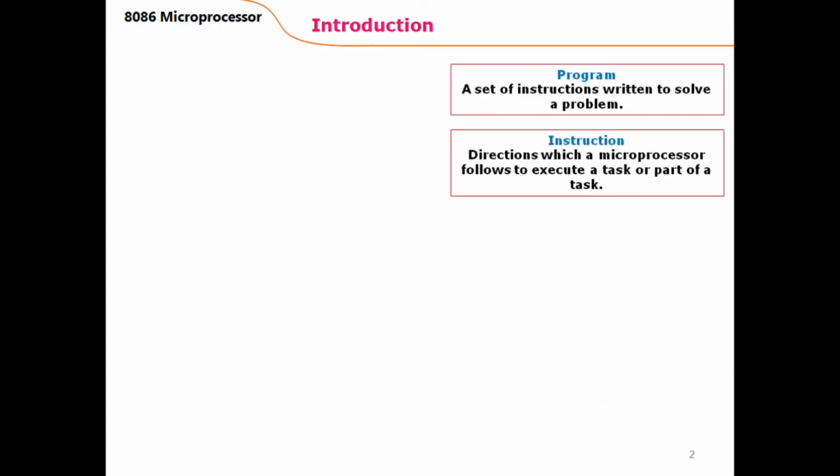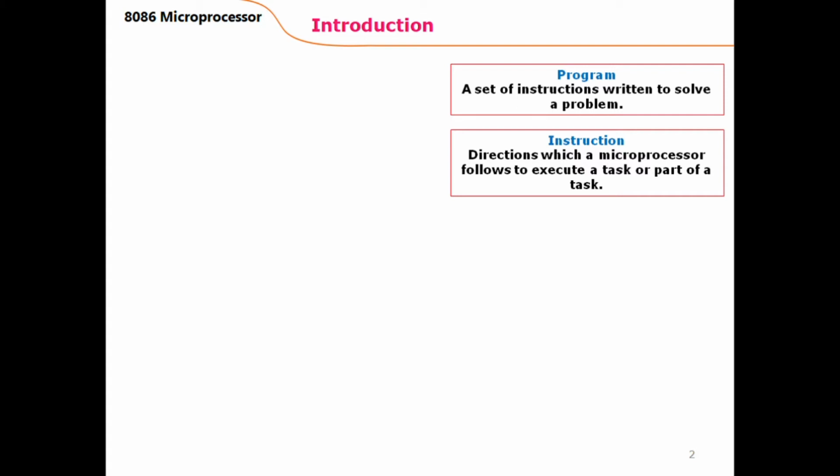To understand addressing modes used in Intel family of microprocessors and in particular an 8086 microprocessor, we need to understand what is a program and what are instructions in a program. A program is basically a set of instructions written by the programmers to solve a particular problem or a specific problem.